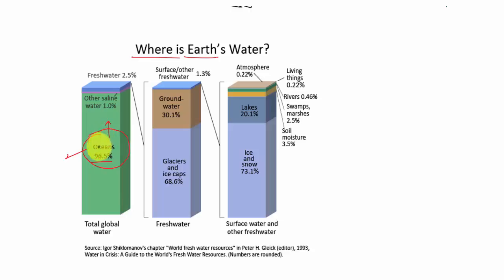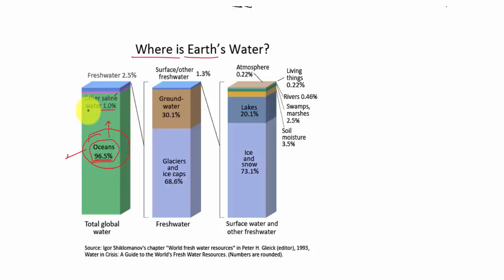Basically, we cannot drink ocean water because of the high amount of salinity in it, and this does pose a major global water crisis problem. We have so much water, but we cannot use it for drinking purposes. So 96.5% of available water is in oceans, and it is saline.